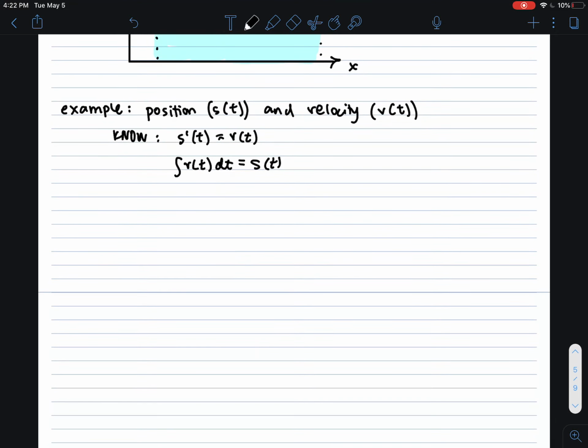So let's say we're driving at a velocity of 50 miles per hour, and we drive for half an hour.